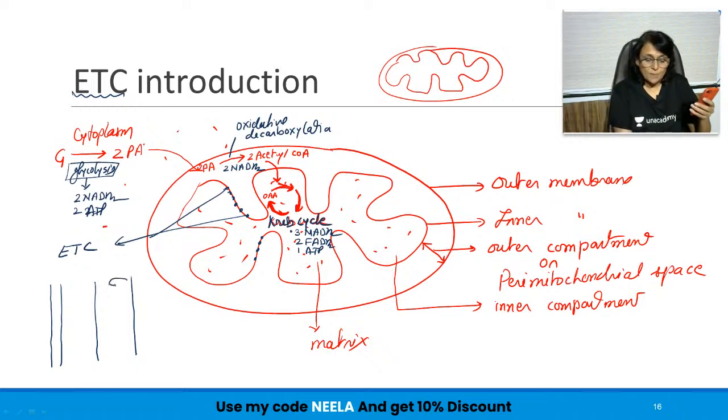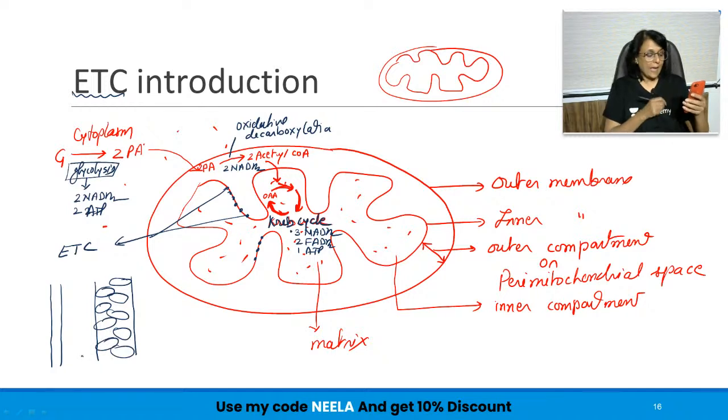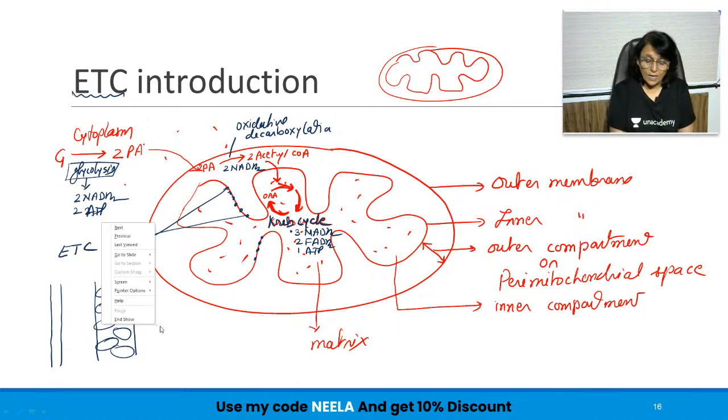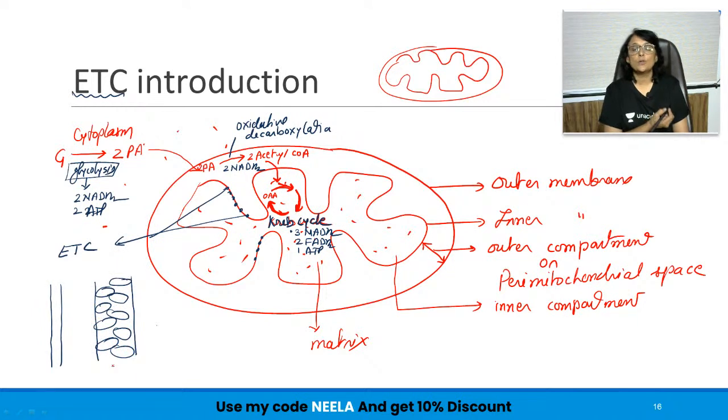So in the plasma membrane or the inner membrane, which is a typical biomembrane, there are some proteins. And when electrons pass through these proteins, they act as the transporters of electrons. So the electron will enter into this, then from here to the next one, then the next one, then the next one.